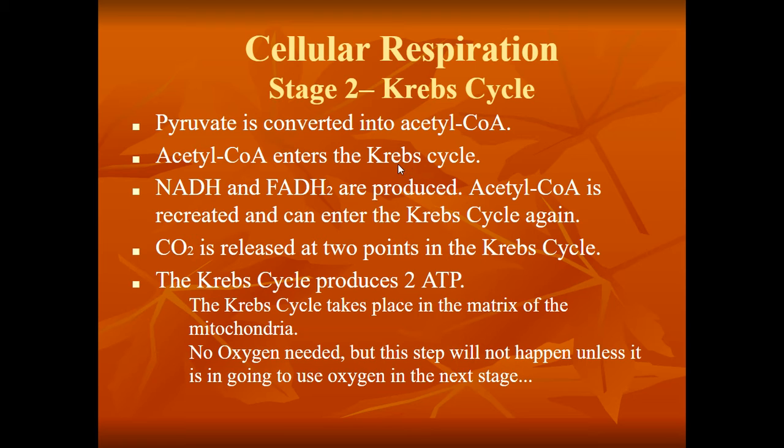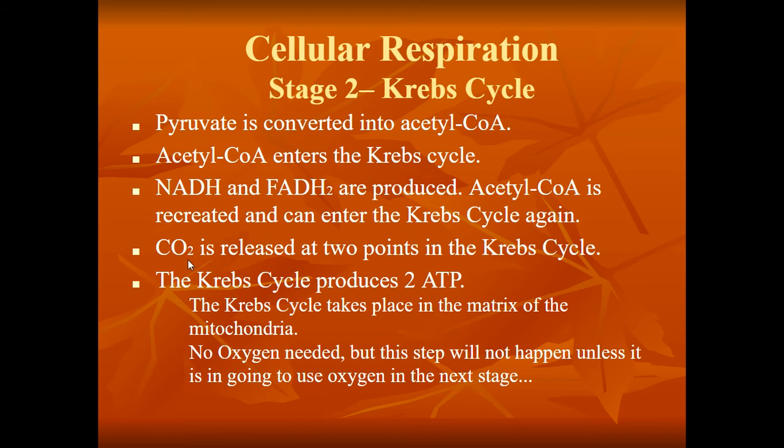And what happens is this acetyl-CoA is used to make NADH and FADH2. Again, these are just forms of energy, like molecules that help the next type of reaction happen. After these are made, acetyl-CoA is recreated then, and it puts it back into the Krebs cycle.